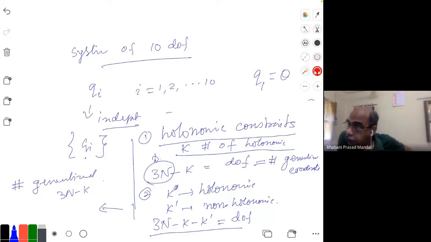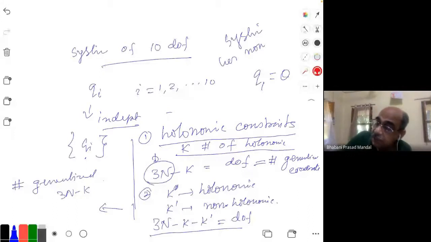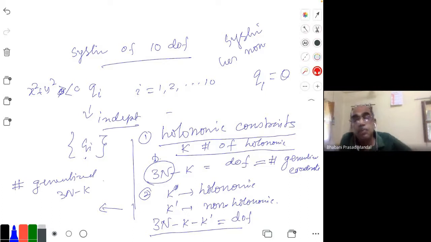What I want to say is that if your system has a non-holonomic constraint, it is not in the form of an equation. You cannot write an equation with an equal sign, so you cannot eliminate degrees of freedom. Suppose my constraint is such that x square plus y square is greater than or less than a square. Then I cannot eliminate my x or y.